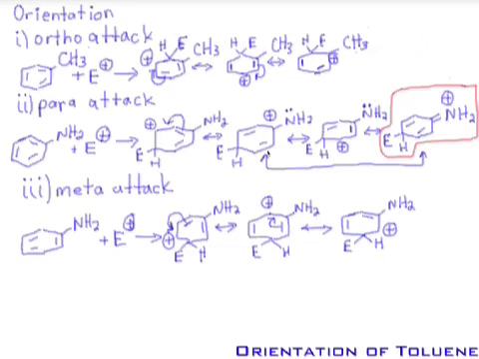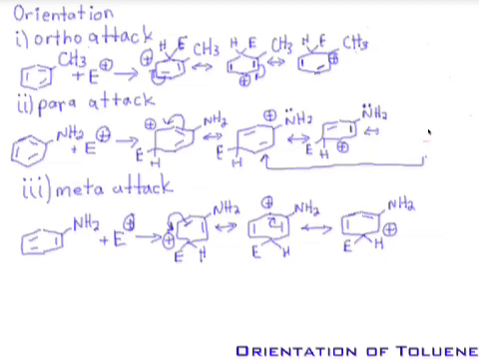If I do this for all the others, I also lose it in the case of para attack. If I have CH3s, these change to CH3s, para attack, I get these structures.